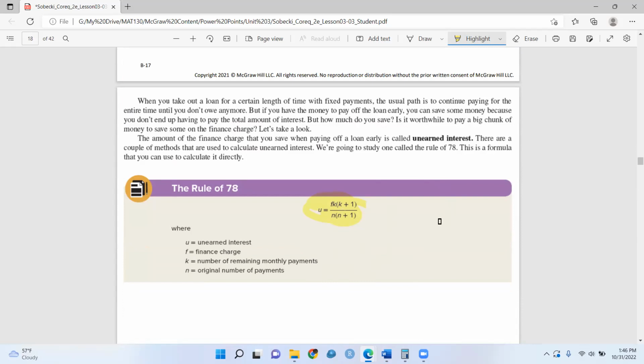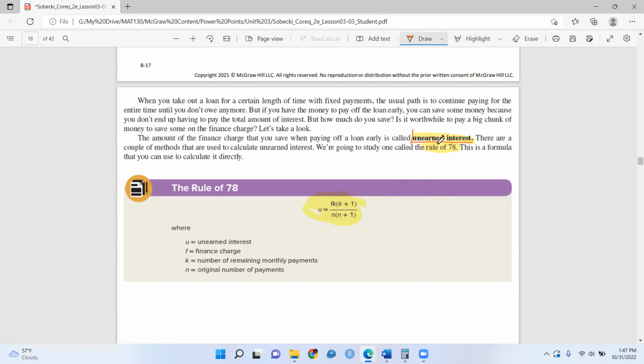And the way to do that is there's a couple different calculations. The one we're going to use is called the unearned interest, which is done with the rule of 78. This is a simple method. You would have to ask the company you borrowed from, how do you calculate the unearned interest? Is it the rule of 78 or is it something else?